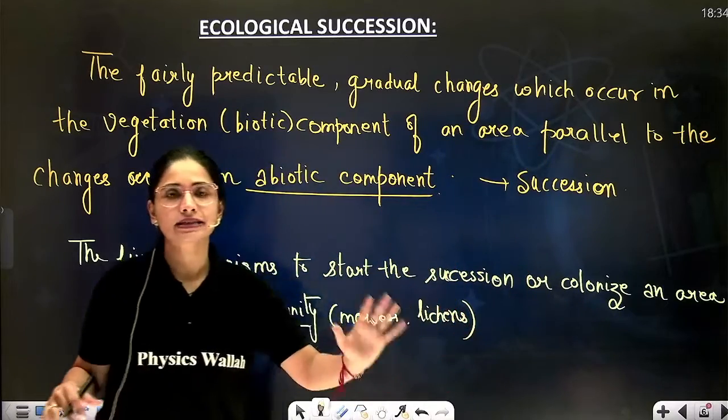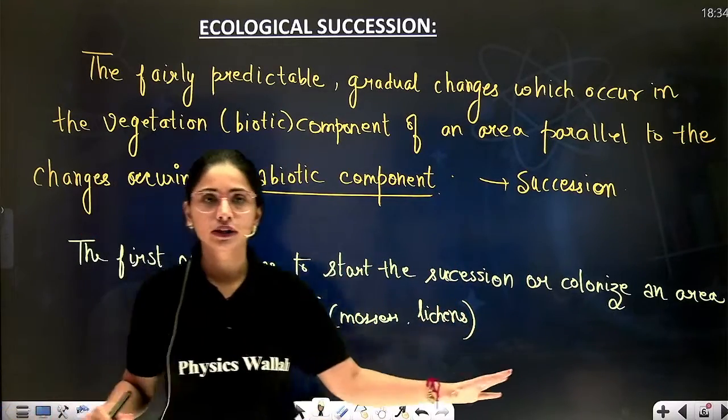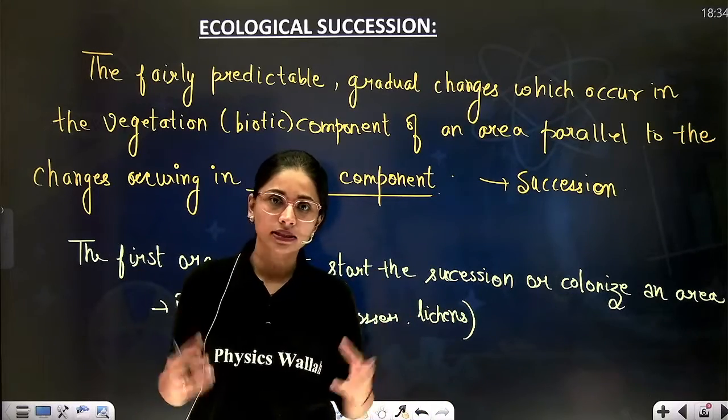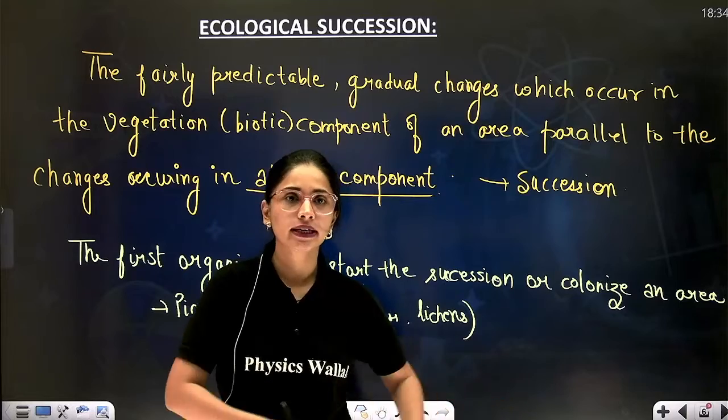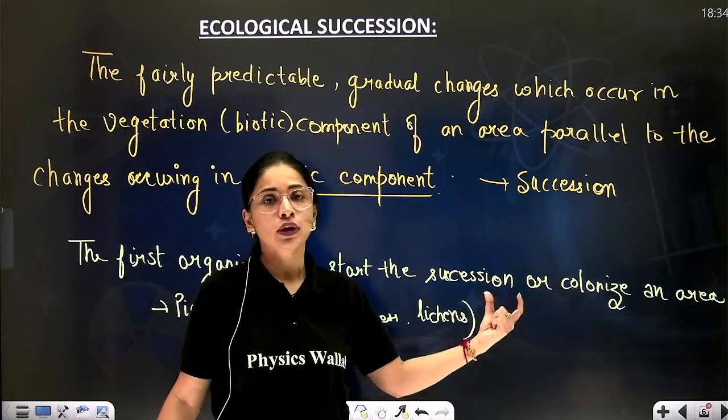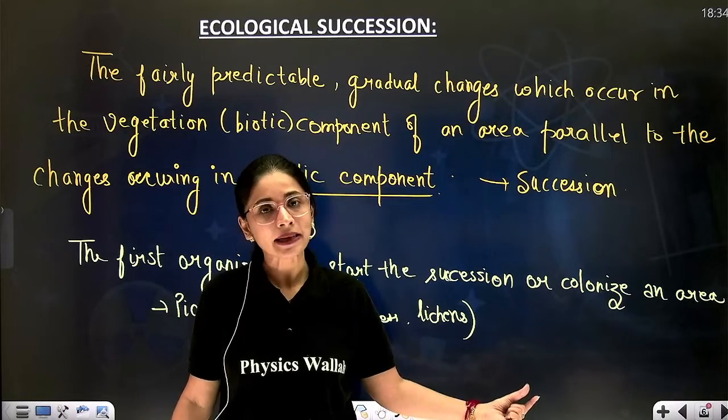So first organisms to start the succession or colonize an area are known as pioneer community, which mainly includes mosses and lichens. Like there was a forest fire, forest got destroyed. Now again, if the new life will start, then it will not start with the trees. It will start from the pioneer community, which includes mosses and lichen. These mosses and lichen will try to gradually change the environmental condition.